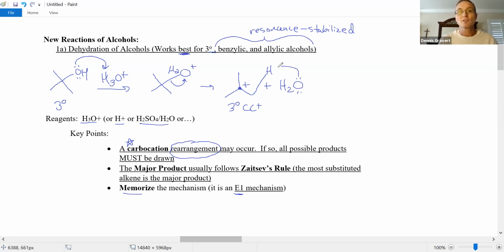Lone pair grabs a hydrogen off as H+. These bonding electrons collapse to make the new pi bond. And we have our alkene. Yay. And we also reform the hydronium ion. We start with that and we end with that. That makes it a catalyst. We're not going to use up any acid.